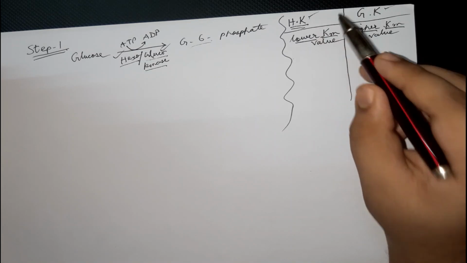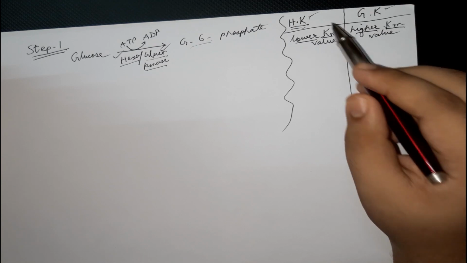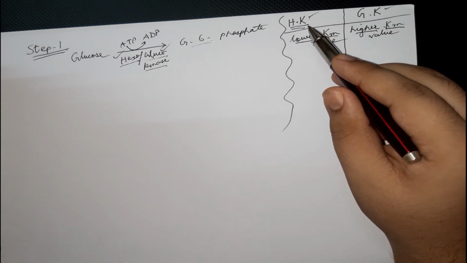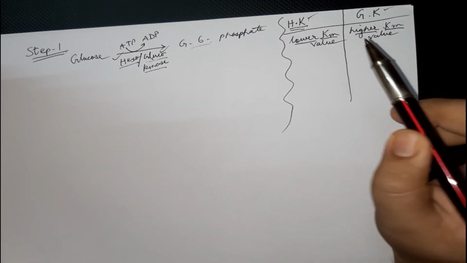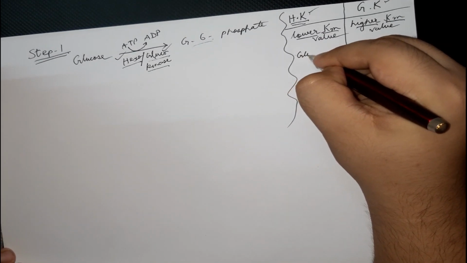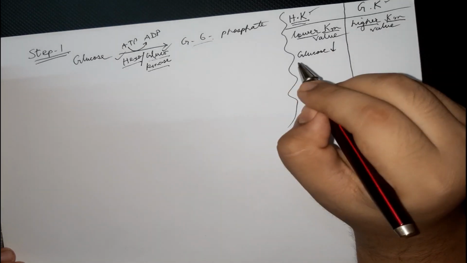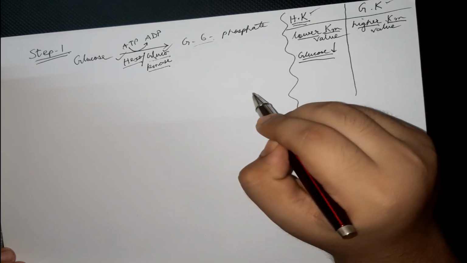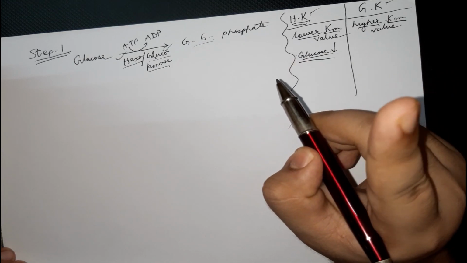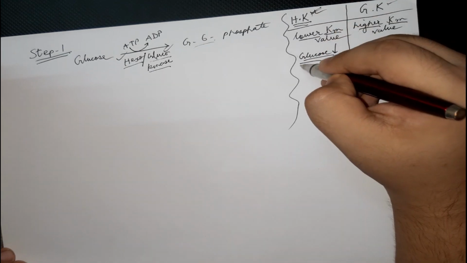Why is this important to know? If hexokinase has a higher affinity for glucose, that means that even when glucose concentration in the blood is low, hexokinase will work.